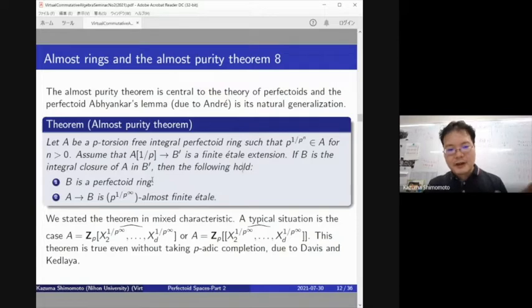When I was looking at this statement for the first time as a graduate student, I was completely lost because I had no other information. I spent lots of time in order to understand why this is called the purity theorem. But now everything is clear. I guess it's not clearly written in any papers or lecture notes.